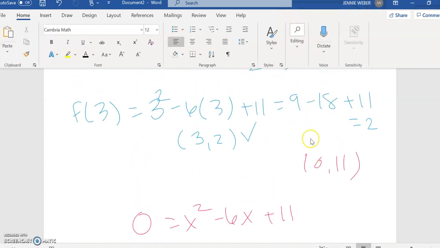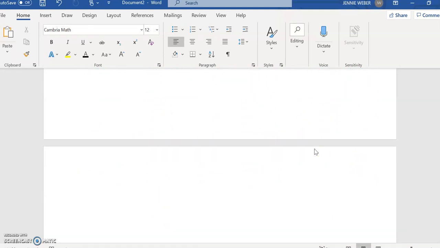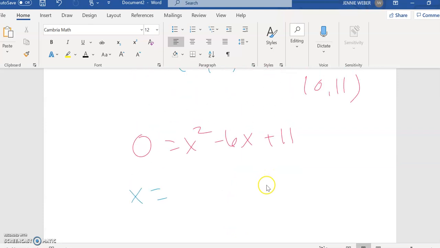Although I will tell you, I'm going to show you something at this point. So I'm going to come down here and start my graph. I said my vertex was at 1, 2, 3, 1, 2, 3, 2, and I open upwards. Looking right here, do I have any x-intercepts? No, I don't.